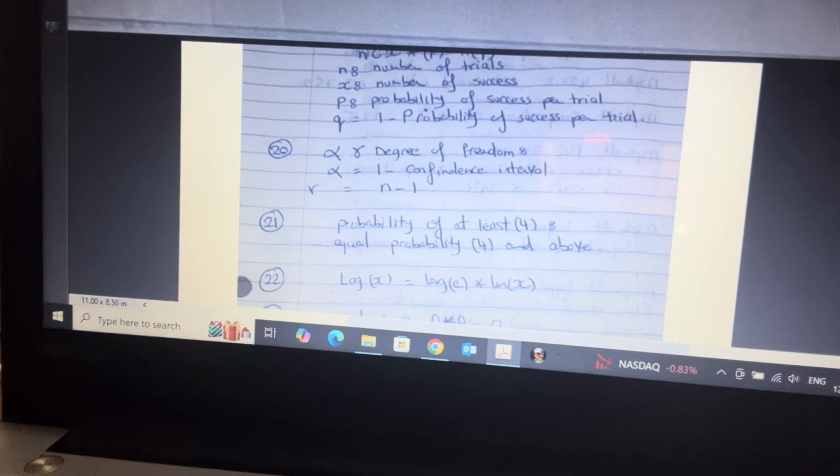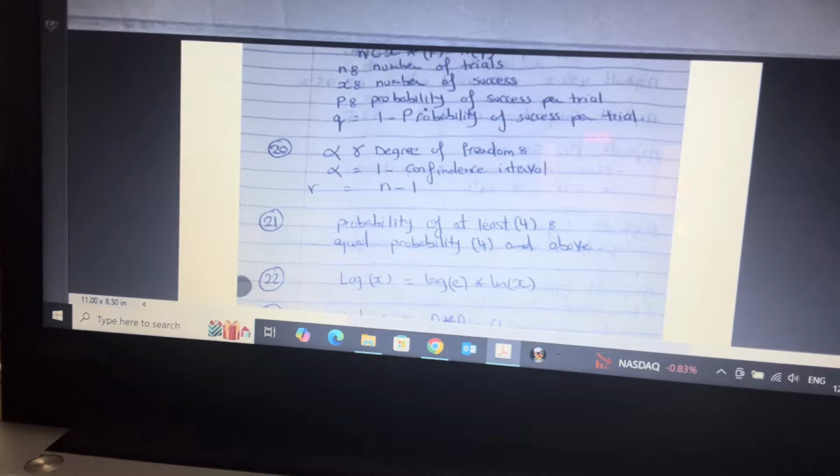We need also to understand the binomial theory. In the handbook, there is an equation which is nCx multiplied by p to the power of x multiplied by q to the power of n minus x.